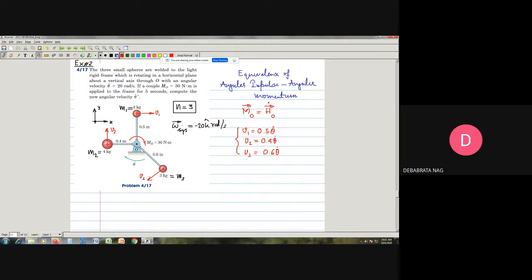And from this equation, applying the principle of impulse momentum about the z-axis, we can write this equation in this manner.